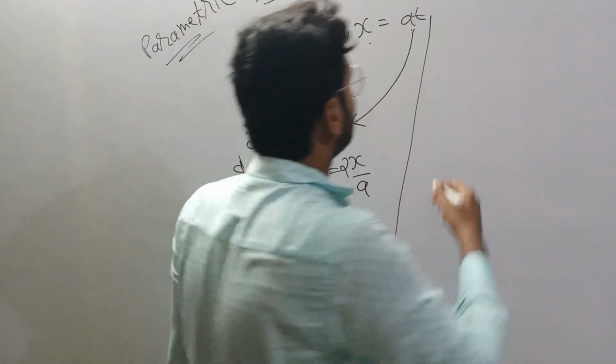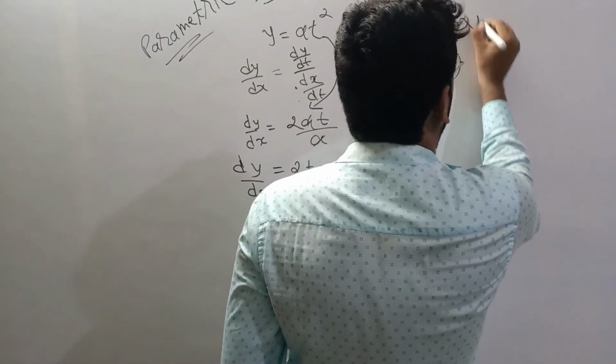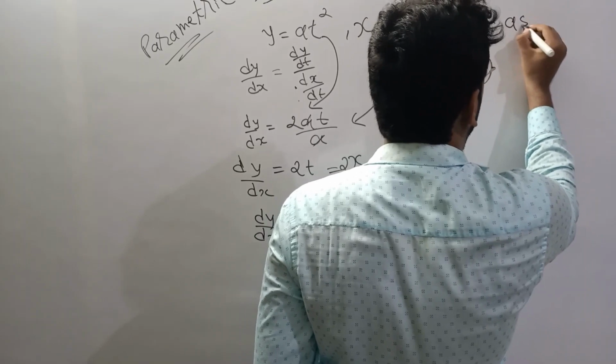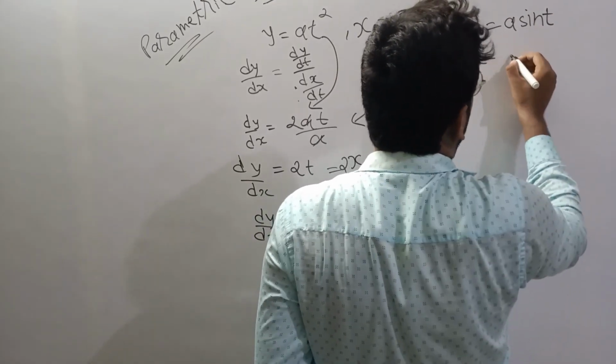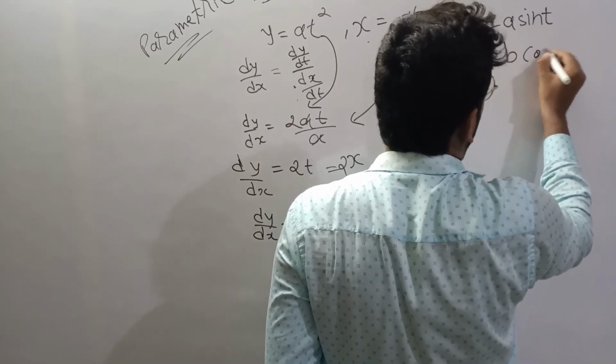So now let me show you another example where y is equal to a sin t and x is equal to b cos t.